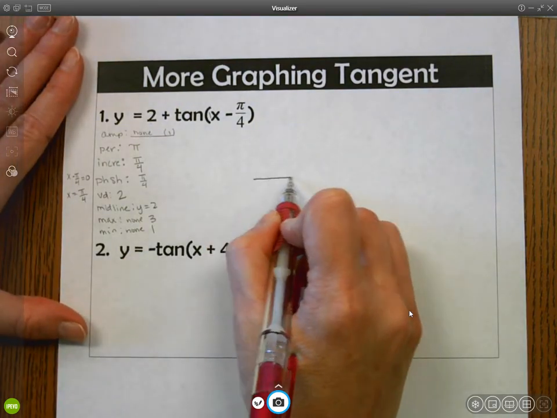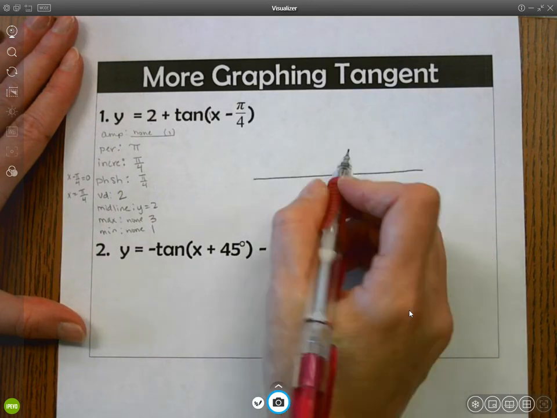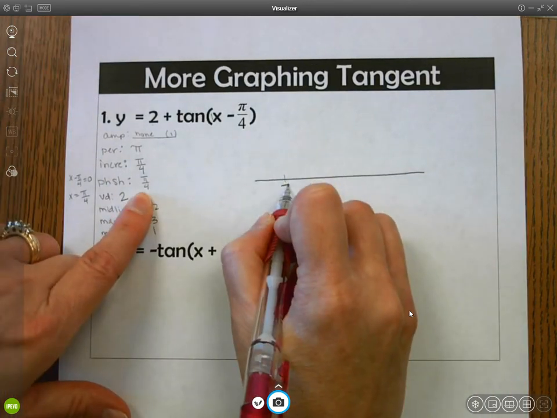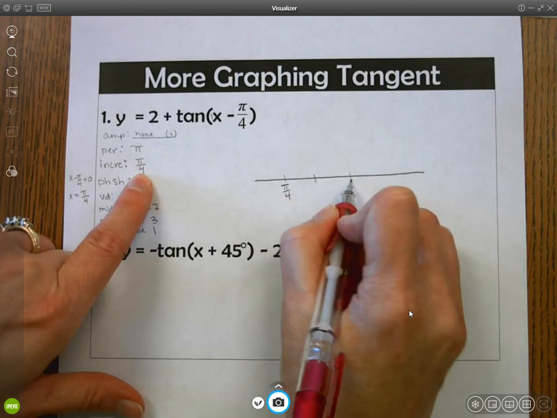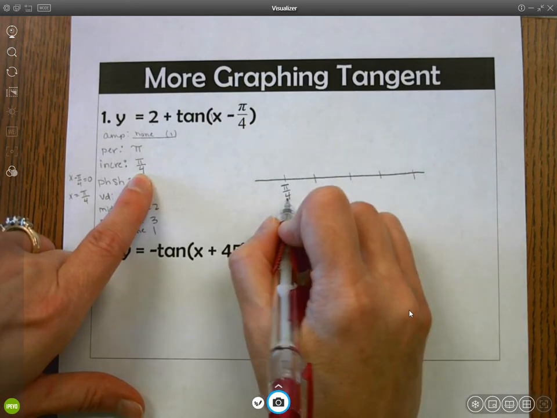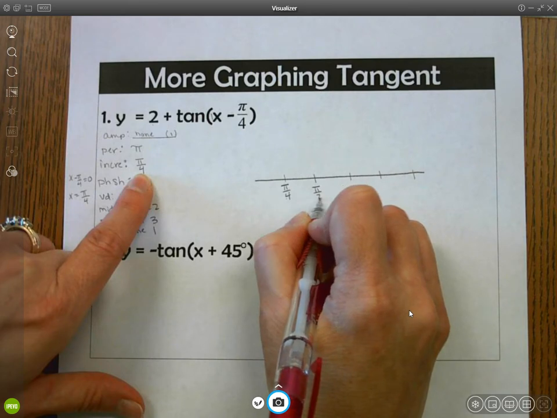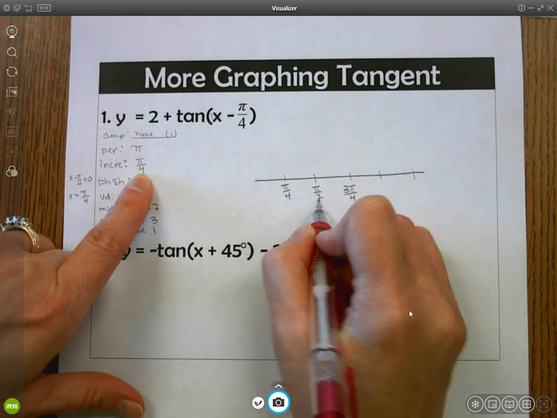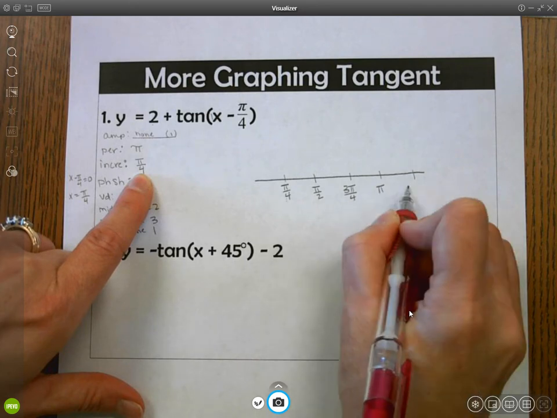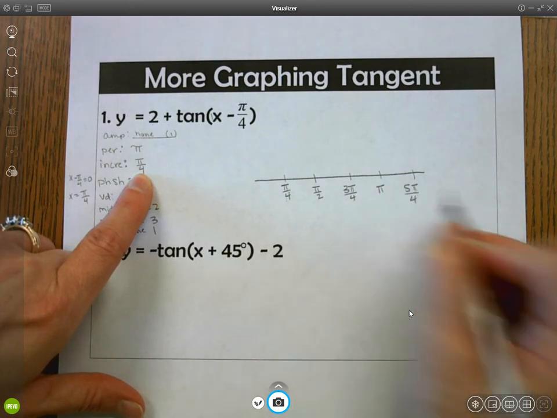Alright, so draw your x-axis. We're going to start at our phase shift. We're going to add by our increments 4 times. So 1/4 plus 1/4 is a half, plus a fourth is 3/4. So this is 1/4, 2/4, 3/4, 4/4, and then 5/4.